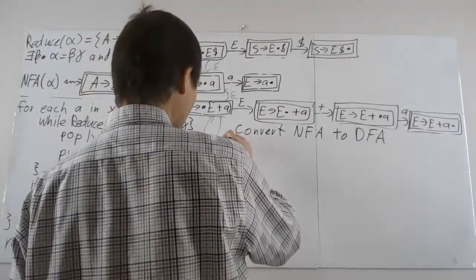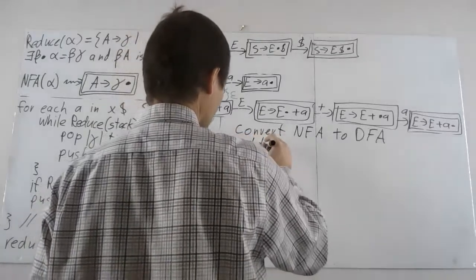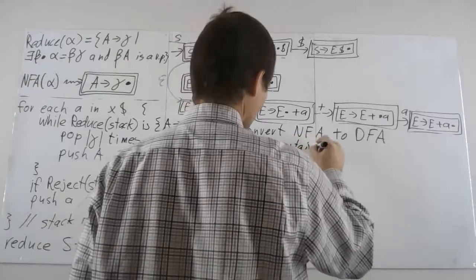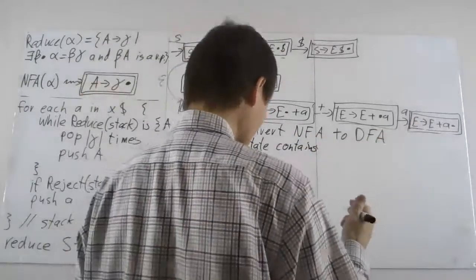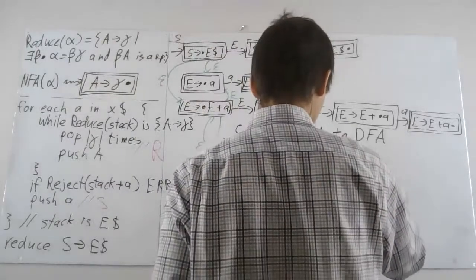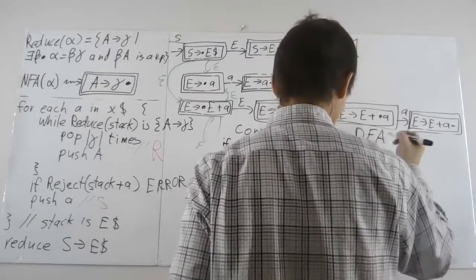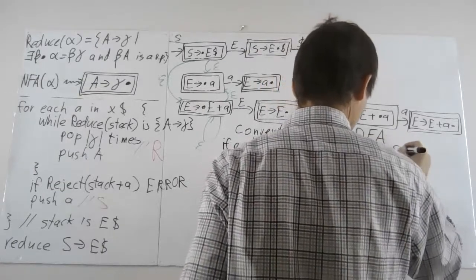So, and then if a state contains 2 different productions, right? So A goes to gamma, and let's say B goes to delta.